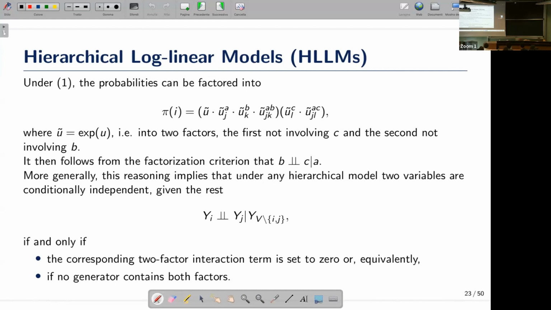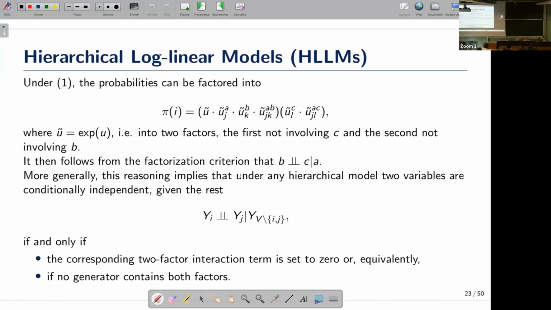One part will depend on A and B. One part will depend on A and C. This means that we factorize the joint probability in two factors: phi A and B, times phi A and C. So it's like you have two cliques now, A and B, A and C, and you imagine this graph joining A and B, A and C. And now we have conditional independence of what?